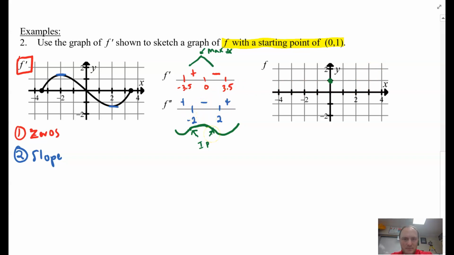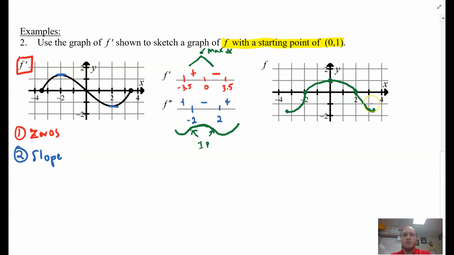Okay. So from -2 to 2, it's concave down. All right, and at 3.5, right about here, and here, it is concave up.